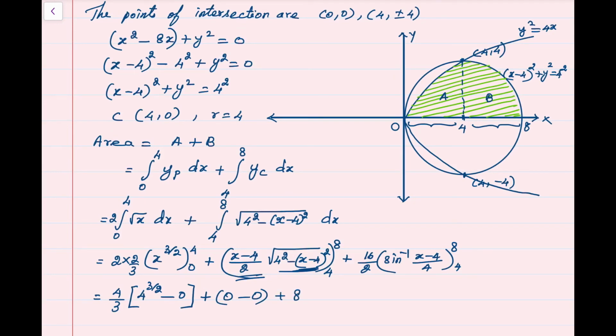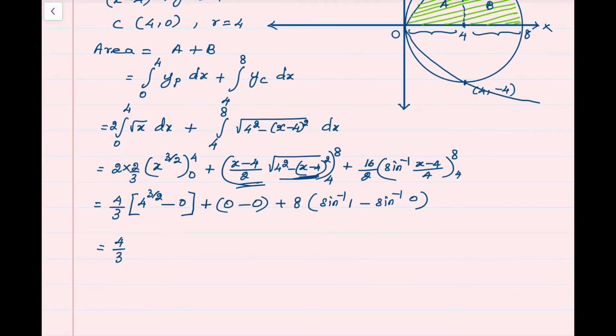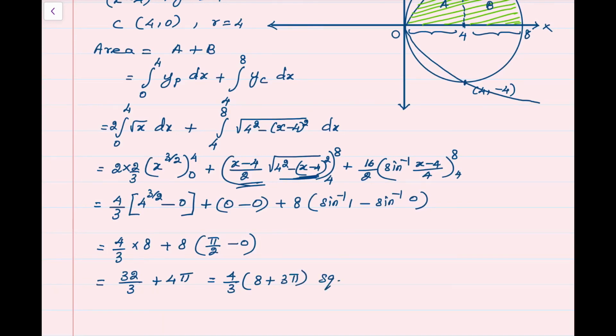Plus 8 times sine inverse of (8 minus 4) by 4, which is 1, minus sine inverse of (4 minus 4) by 4, which is 0. 4 divided by 3, 4 raised to half is 2, 2 cube is 8, plus 8 times sine inverse of 1 is pi by 2, sine inverse of 0 is 0. 32 over 3 plus 4 pi. By taking 4 by 3 out, we can write it as 4 by 3 times (8 plus 3 pi) square units.